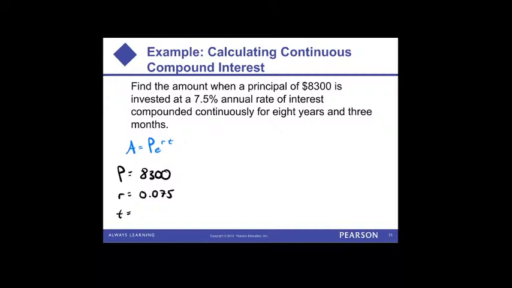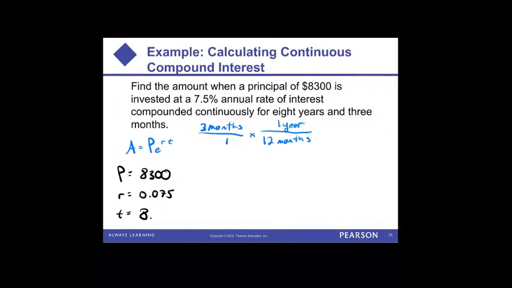So the time is going to be, let's see, let's do the conversion really quickly. So if we have 3 months and we want to convert it to years, how many months in a year? 12 months corresponds to 1 year, right? So when we're doing conversions, we put the units opposite so they cancel, all right?